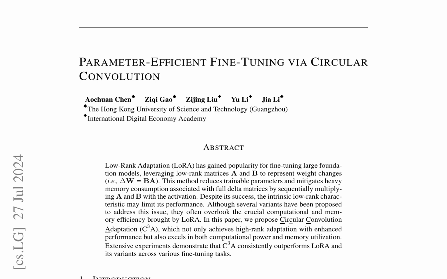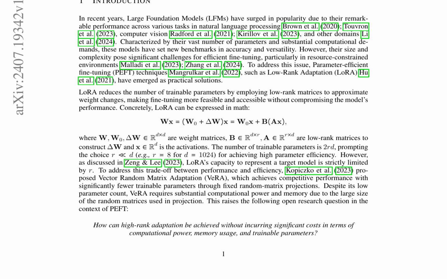However, LoRA's capacity to represent a target model is strictly limited by r, as discussed in Zeng and Lee, 2023. To address this trade-off between performance and efficiency, vector-based random matrix adaptation, VeRA, was proposed, achieving competitive performance with significantly fewer trainable parameters through fixed random matrix projections.